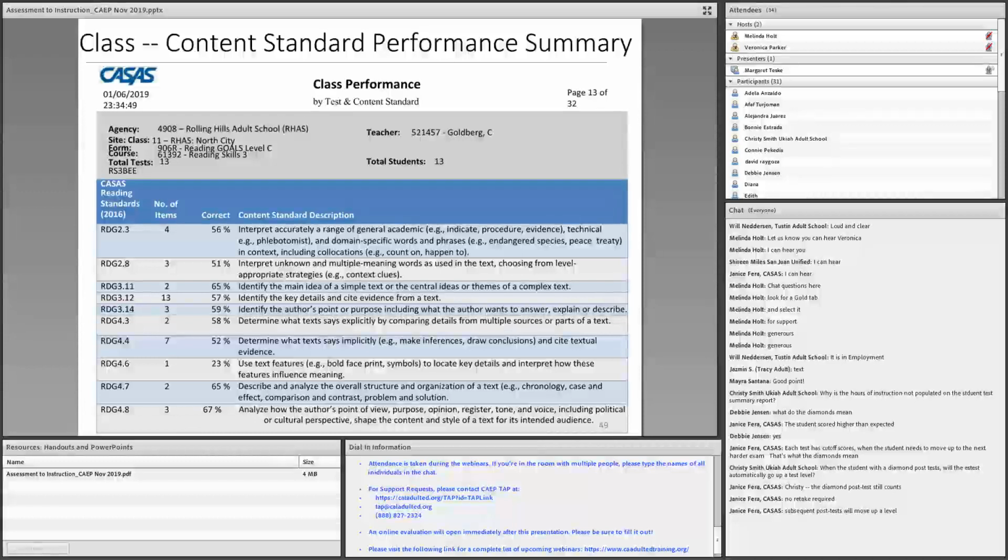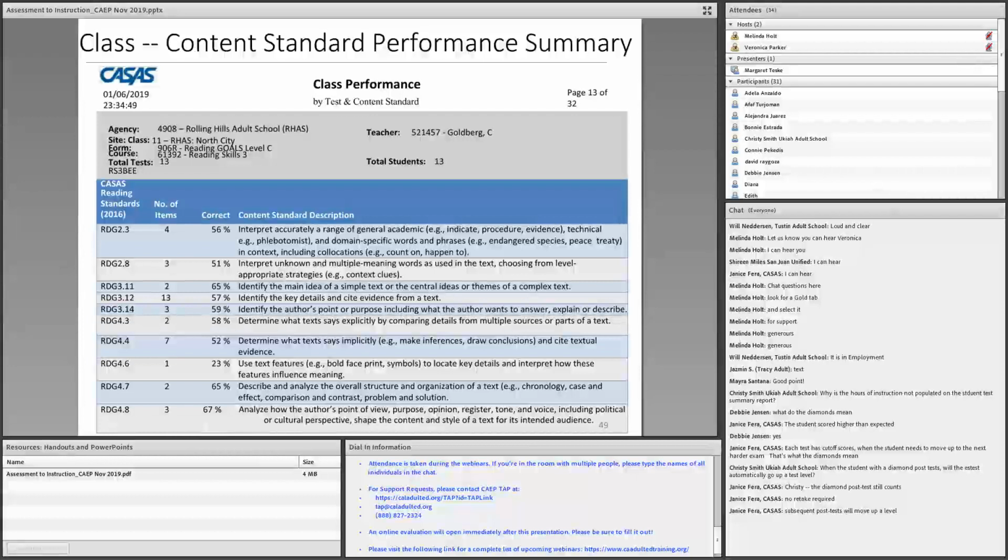It's hard to get these to come out exactly on this PowerPoint, but you'll see here, this is the class that Instructor Goldberg did. It's a reading goals level C. There were 13 tests, and this is how the class came out. So again, it shows you areas.